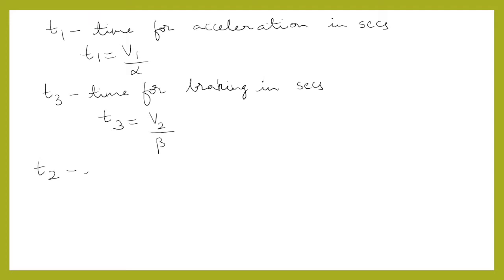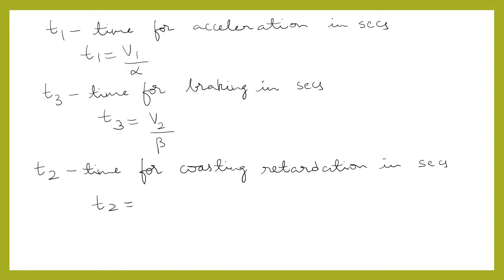T2 is the time for coasting in seconds. It is given by V1 minus V2 by beta C.